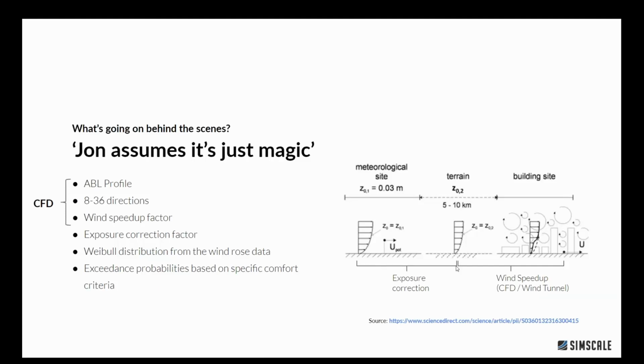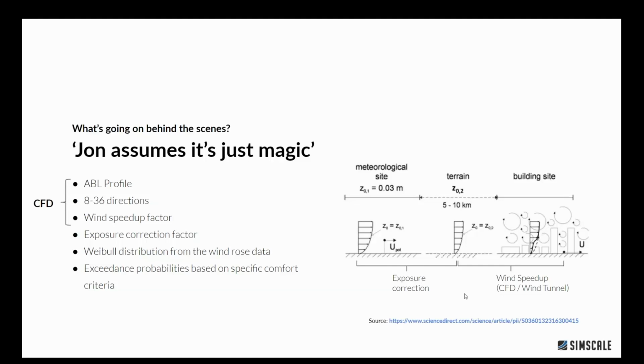As you can imagine, if the wind goes from a very flat terrain that you usually have around the meteorological stations, might be at an airport, up to the beginning of the city or the part that you model, you have more obstructions on the terrain and the wind will slow down locally at the lower levels. And to take this into account, we have an exposure correction.